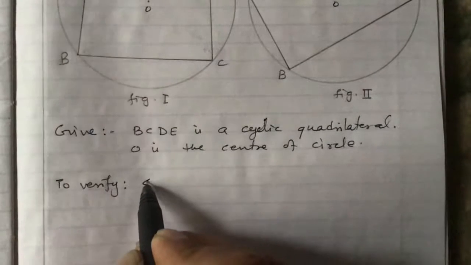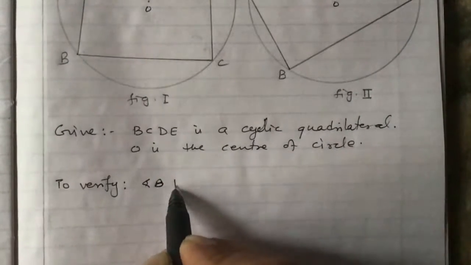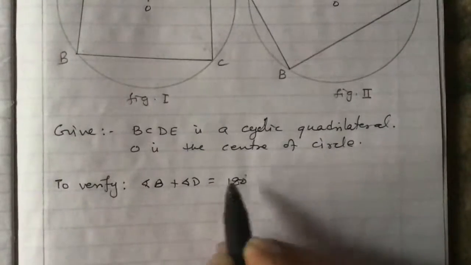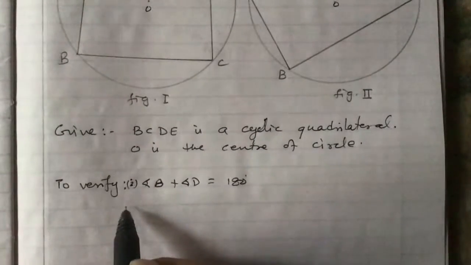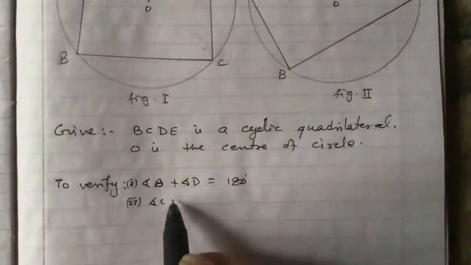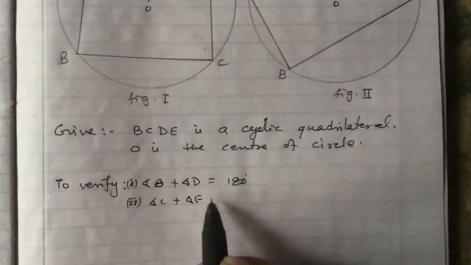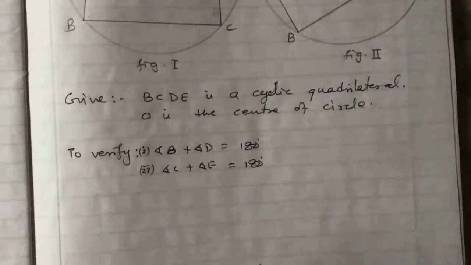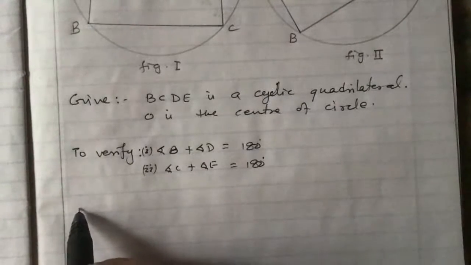See, number one, angle B plus angle D is equal to 180 degree, we will prove this one, and number two, angle C plus angle E is also equal to 180 degree. These two we will verify. Okay, so now the verification table.